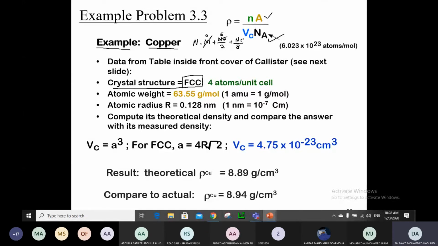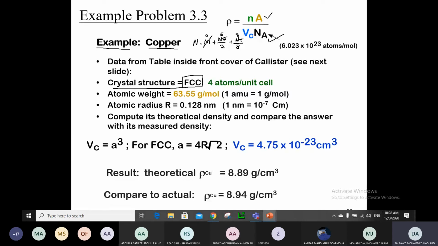And then we have corner atoms. It is a cube. Is it difficult to memorize that a cube has 8 corner atoms and 6 face atoms? It's very simple.